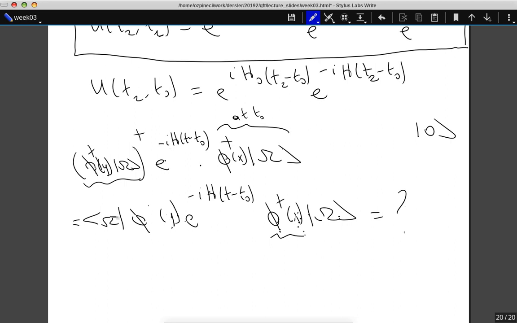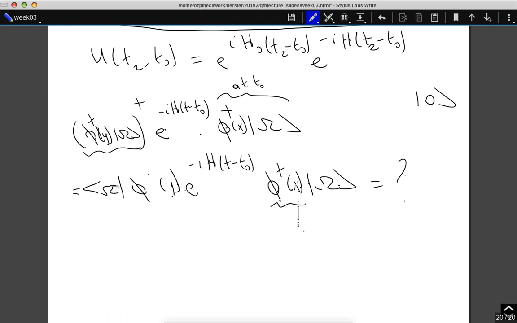Now I can convert all of these into my interaction picture. Okay, there are two things I need to do. One is, how can I relate omega to 0?